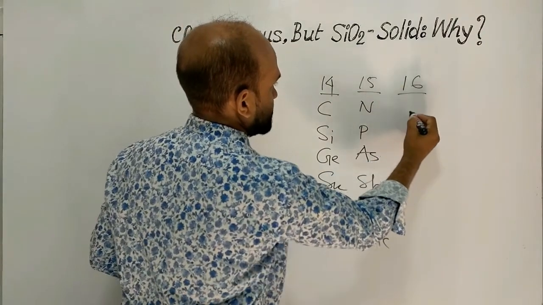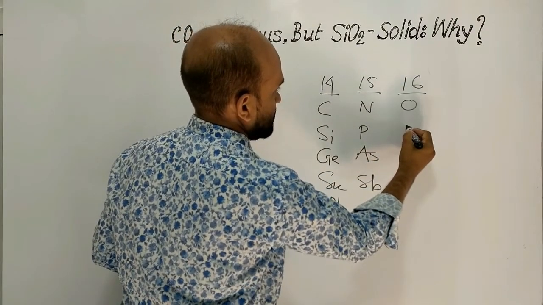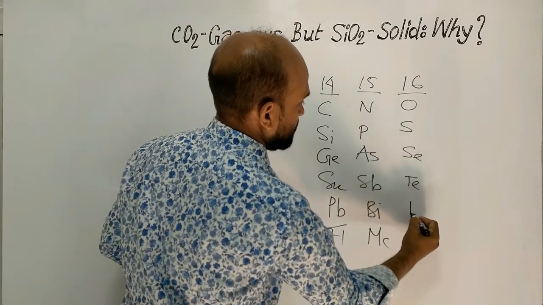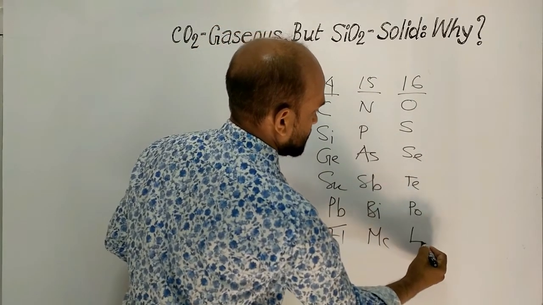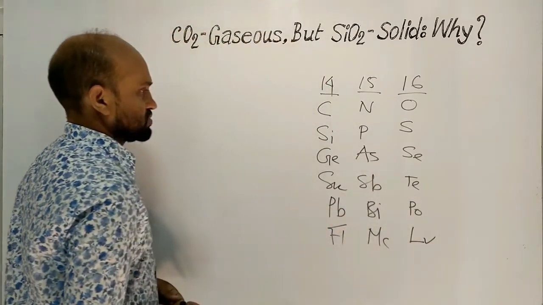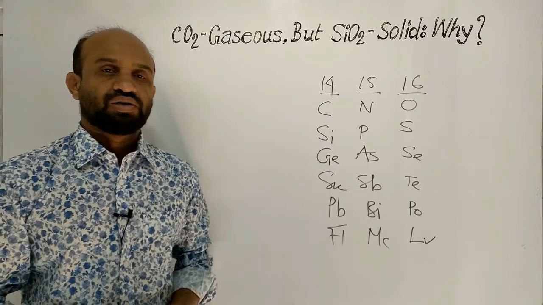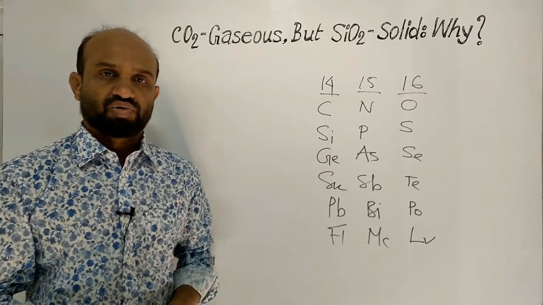Elements of column 16: oxygen, sulfur, selenium, tellurium, polonium, livermorium. Now let's try to know why this question arose.